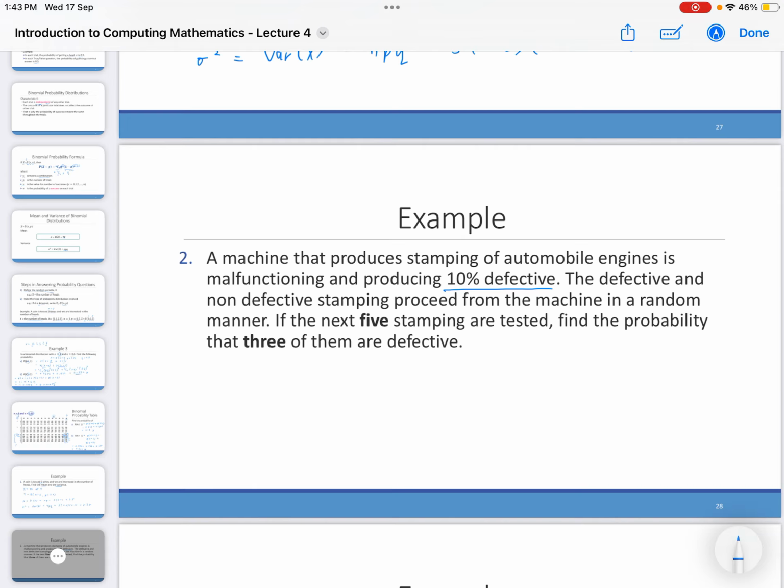So find the probability that 3 of them are defective. So this one is actually defective or non-defective events. So basically we can say success or failure event as well. So success if we get the defective. So X is actually the number of defective.